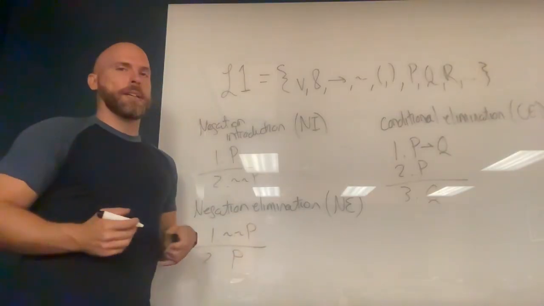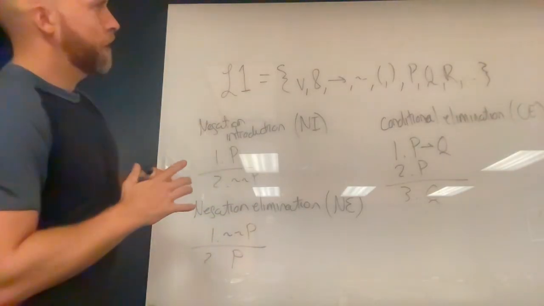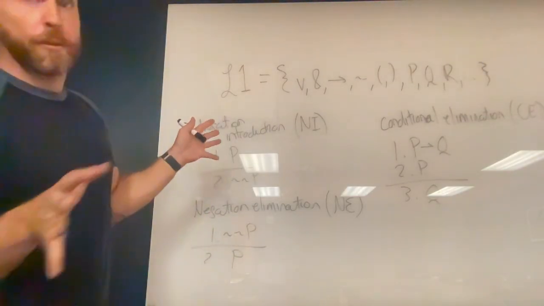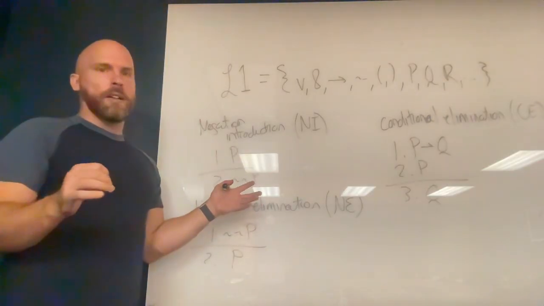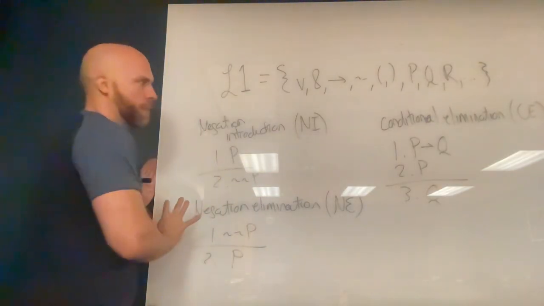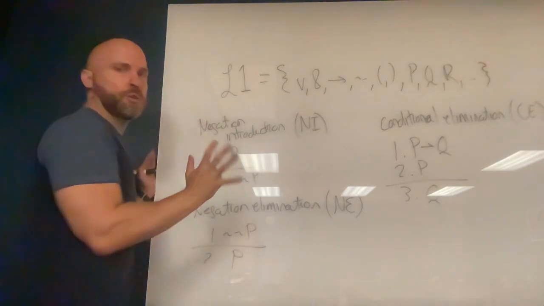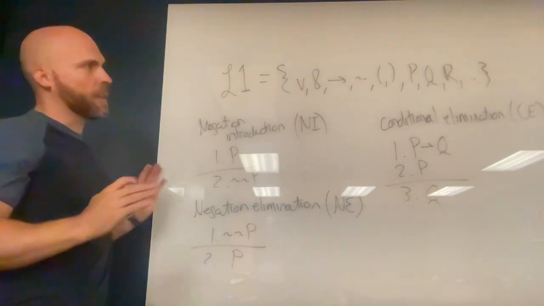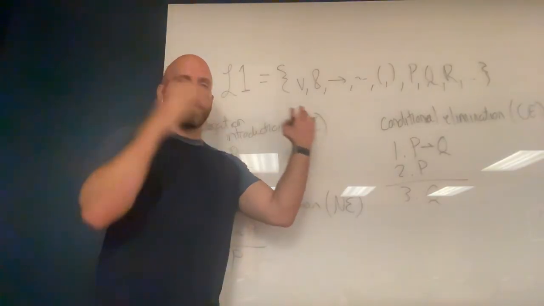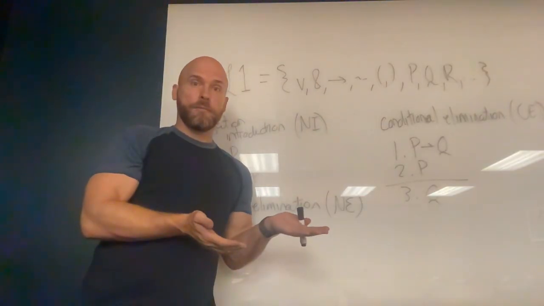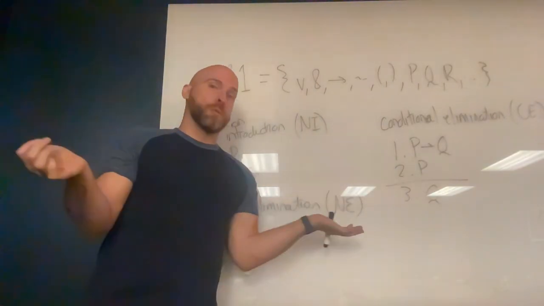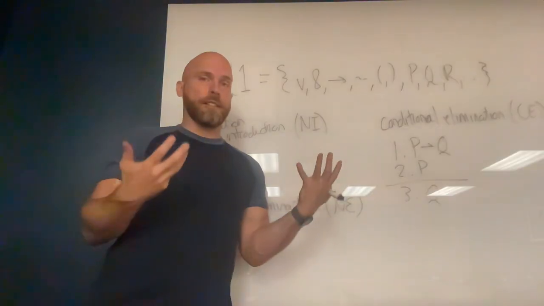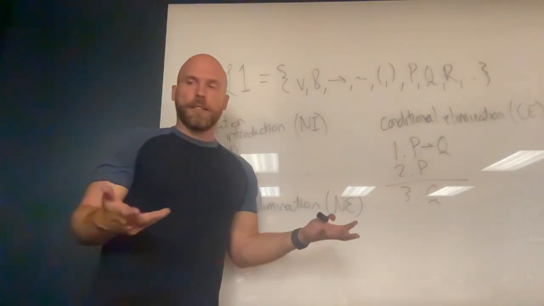That's conditional elimination. Now, for reasons that will become clear, there's not a rule of this simplistic sort that allows us to introduce a conditional. So there's a simple rule that allows us to remove a conditional. There's not a simple rule that allows us to add a conditional. And we'll see that as we move forward.